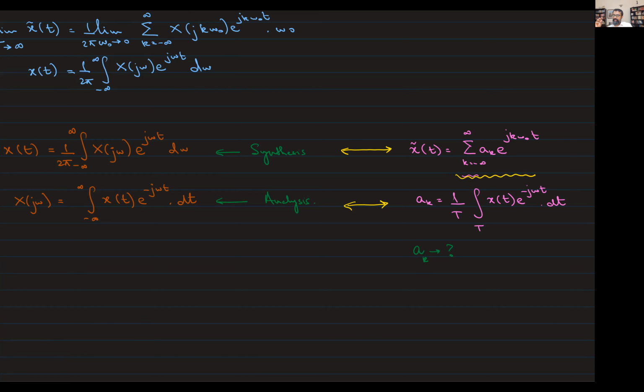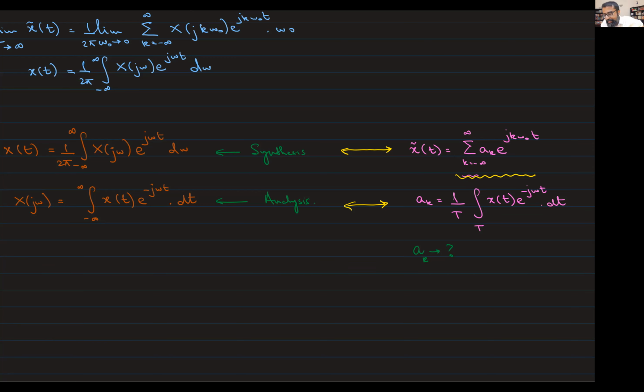So AK represents the contribution, as I think Hassan and Daniel also said in the chat box. A sub K represents the contribution that e raised to power j k omega naught t makes in the signal x of t, right? I say that x of t or x tilde of t can be broken down into a superposition of complex exponentials of multiple frequencies, right?